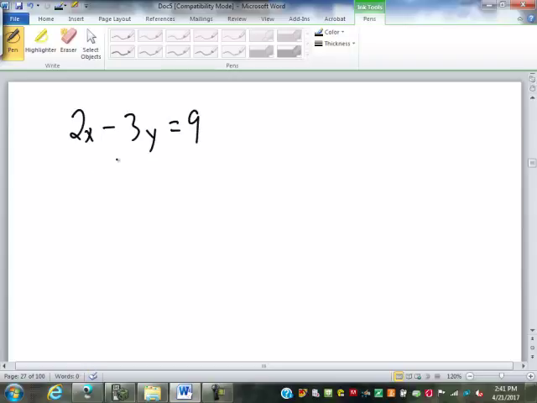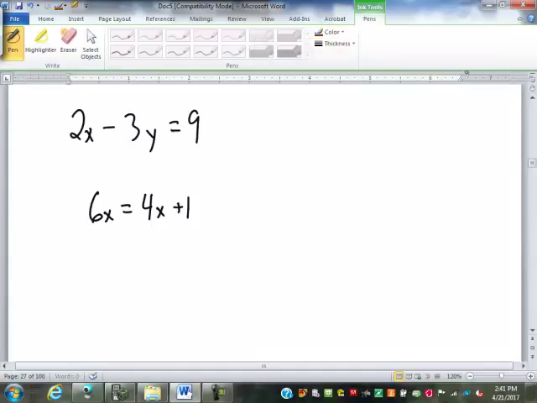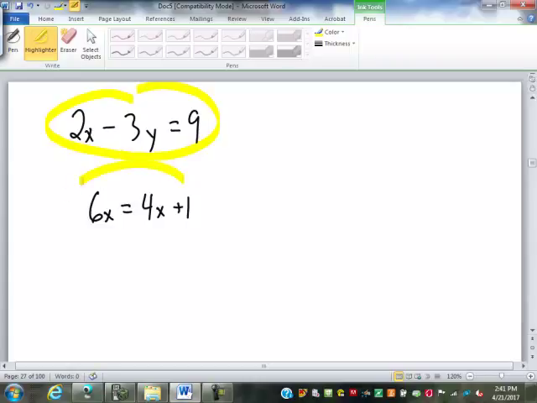And we might have 6x equals 4y plus 1. Now looking at these, I have two equations here. Which equation am I going to want to solve and for which variable?